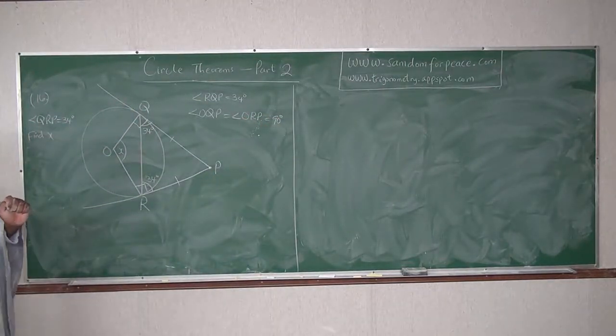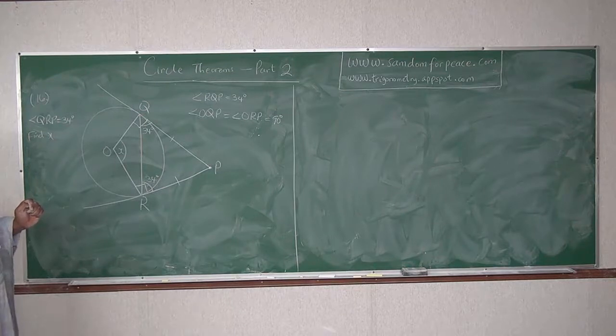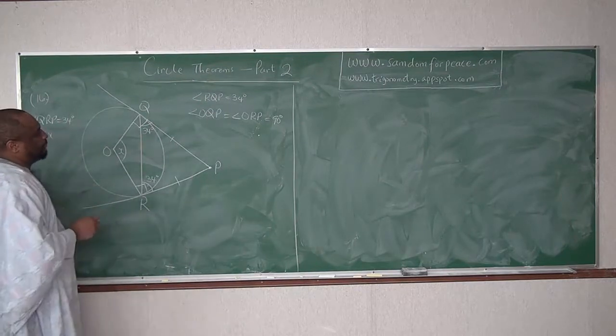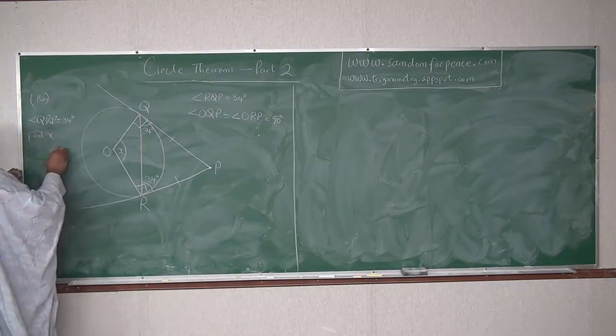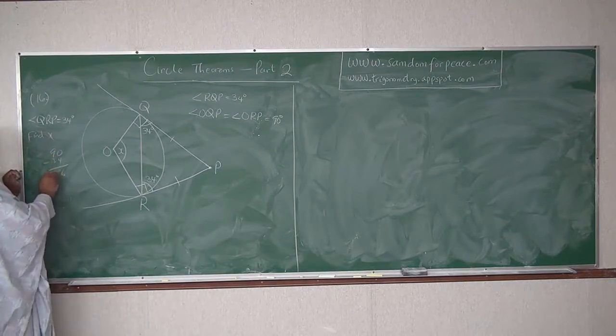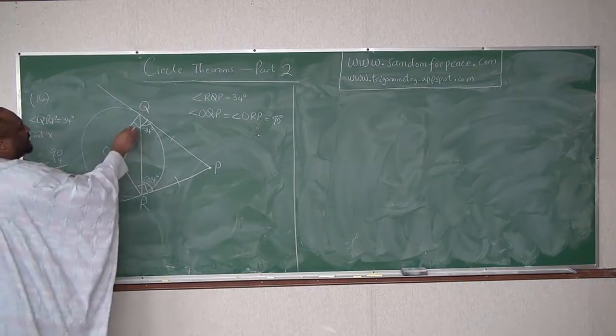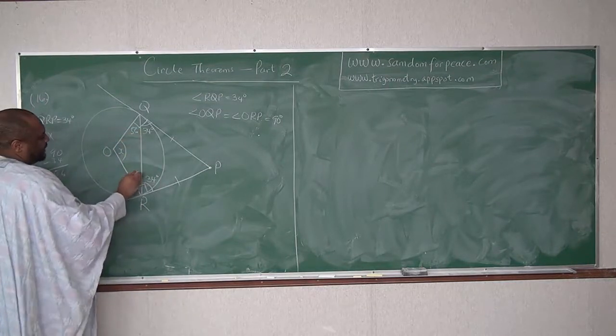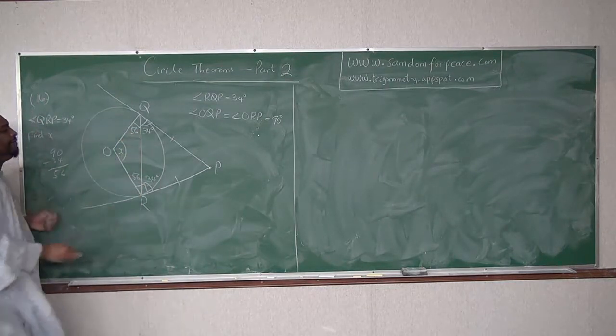Reason: radius is perpendicular to the tangent at point of contact. So 90 minus 34 gives us 56. So this is 56, this is 56. So we can now find x.